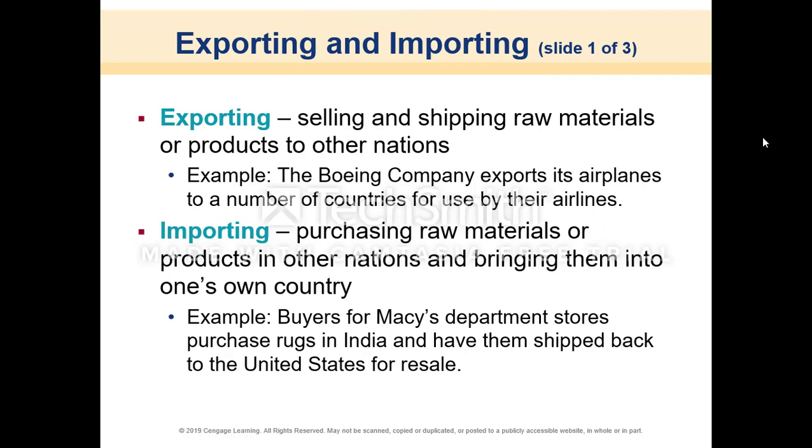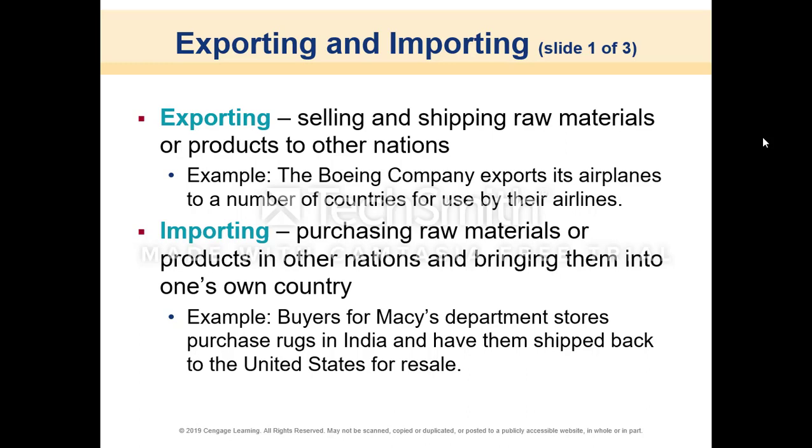So the U.S. will export our excess products and import our shortages. So if we've made too many pencils in the U.S., we'll export them to other countries. And let's say another country made too many microchips. Then I am going to import microchips from another country.